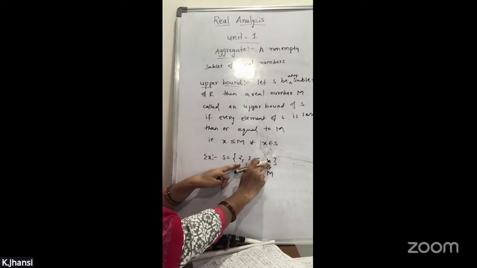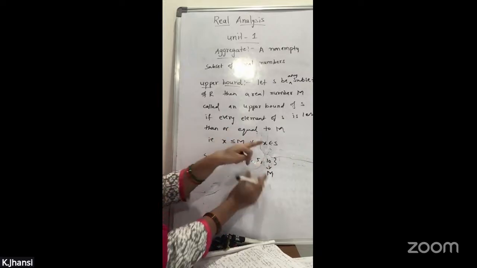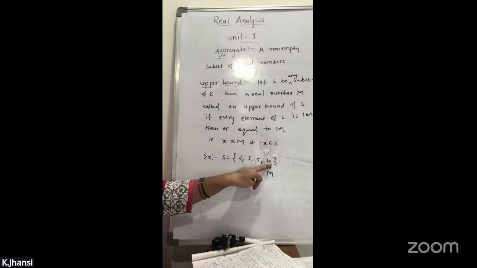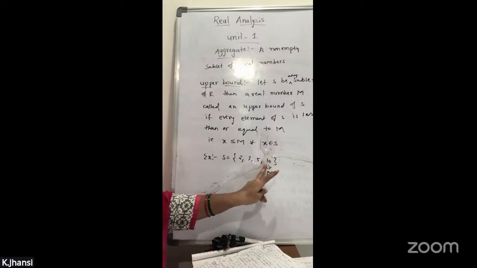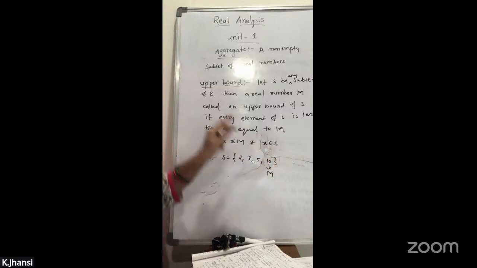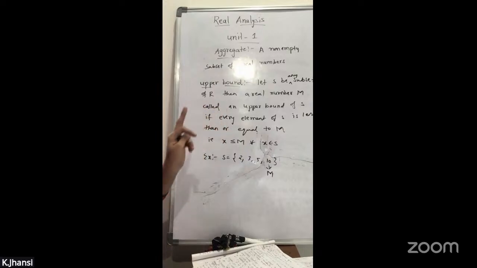So this number is called an upper bound when the other elements of the set are less than or equal to 10. If it is a finite set, the highest value will be there, and that value is called the upper bound of the set.